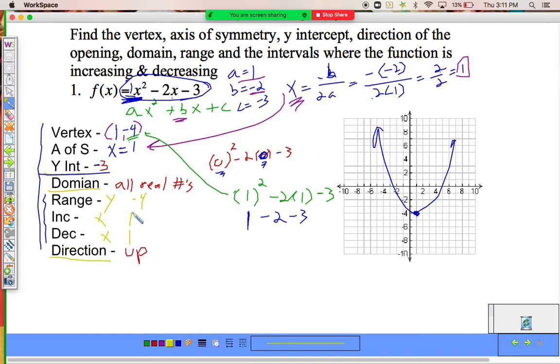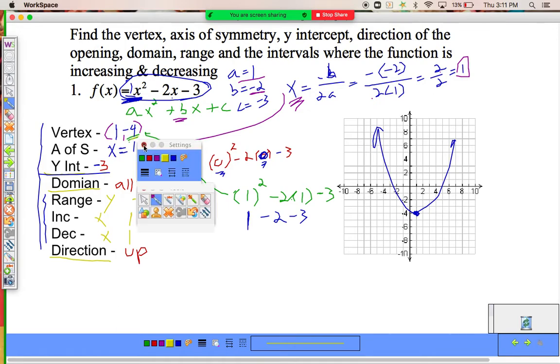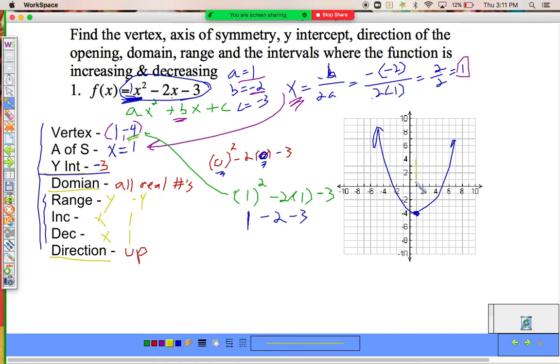I know my range is going to be based on the y value of my vertex. My increasing and decreasing is going to be based on the x value of my vertex. So I just have to decide where my graph is increasing, decreasing, and what its range is.